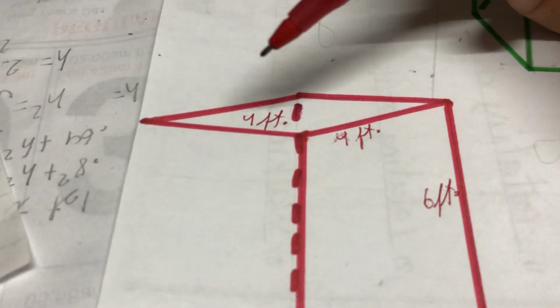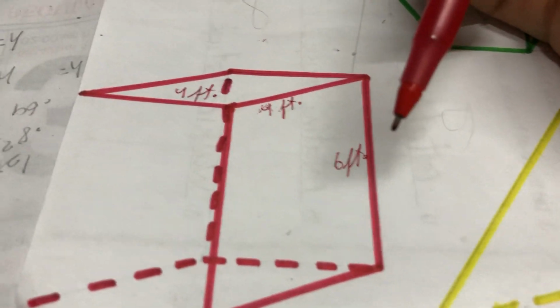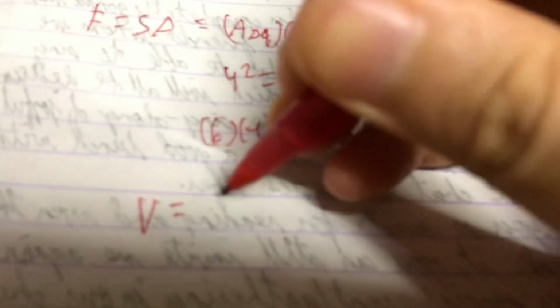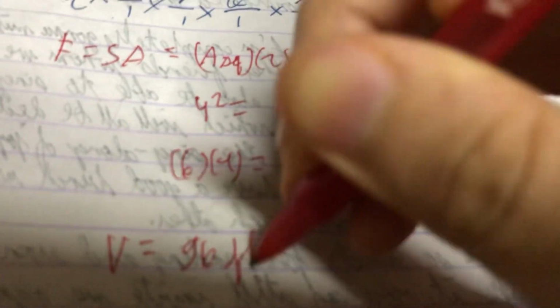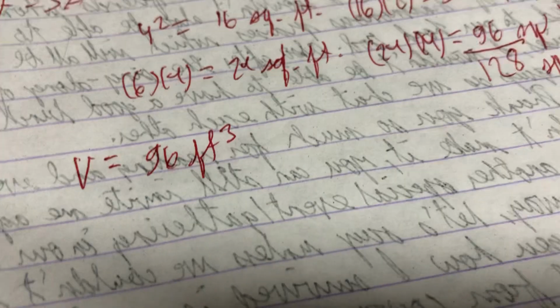So, 16, right? Then the height is 6 feet. 16 times 6 is equivalent to 96. So, the volume of the square prism is 96 cubic feet. So that is the volume. Okay? See? That's it.